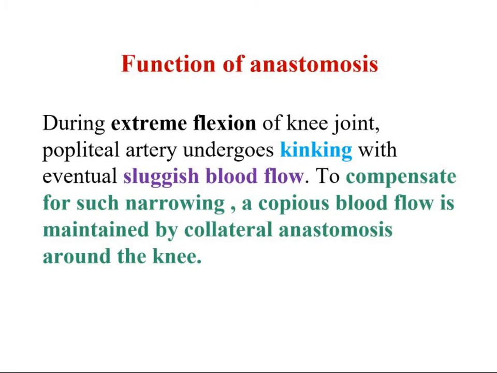So in order to compensate for such narrowing, copious blood flow is maintained by collateral anastomosis around the knee. So that is why we need to have this anastomosis around the knee joint, to compensate for the sluggish blood flow in case of extreme flexion of the knee joint.